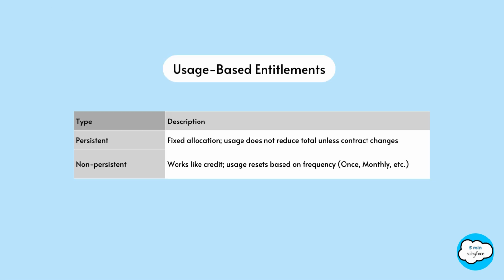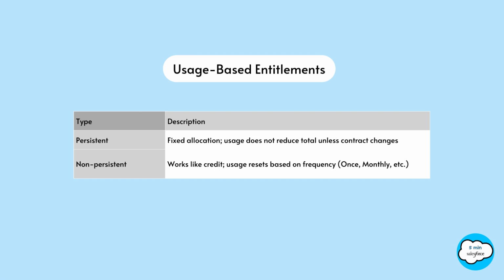And then in Salesforce we can also have usage based licenses. These are limits that reset on a schedule or decrease as you use them. There are two types, persistent and non-persistent.